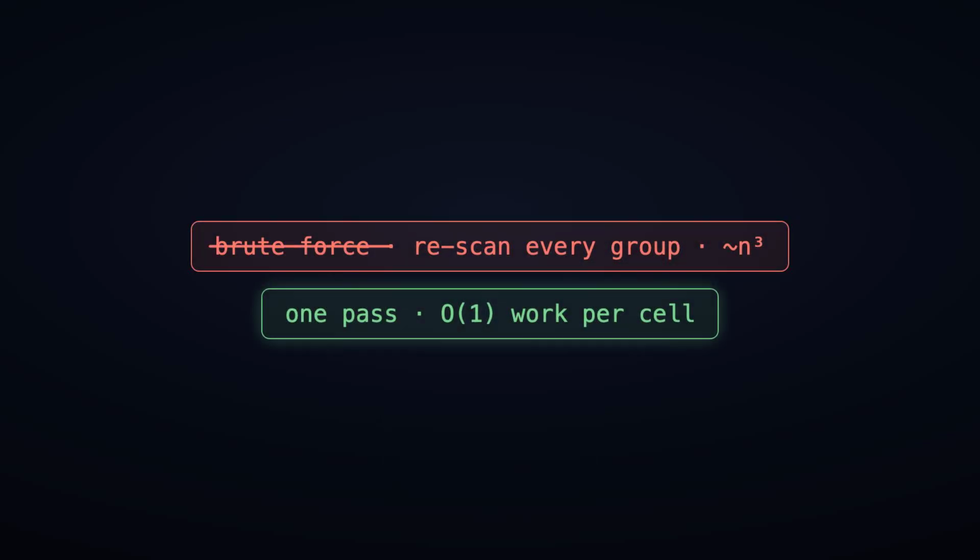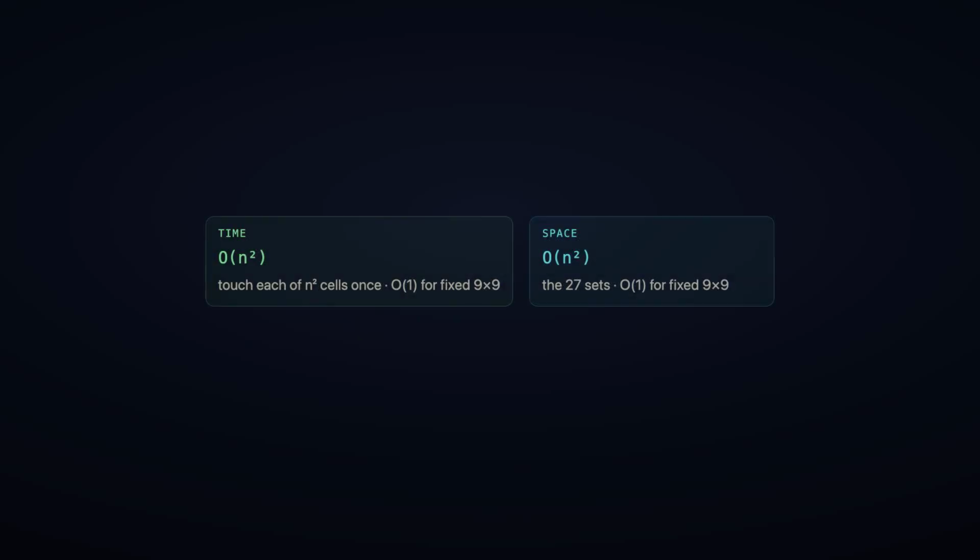Look what changed. The brute force rescanned whole groups over and over. We make a single pass doing constant work at each cell, 1 lookup and 1 insert in each of 3 sets, from piled up scanning down to 1 clean sweep. Let's be honest about the cost. A real Sudoku board is always 9x9, always 81 cells.